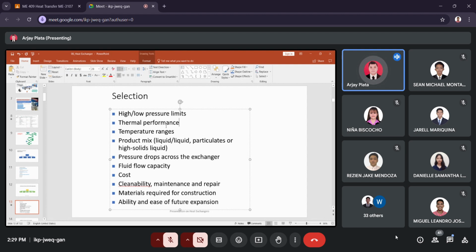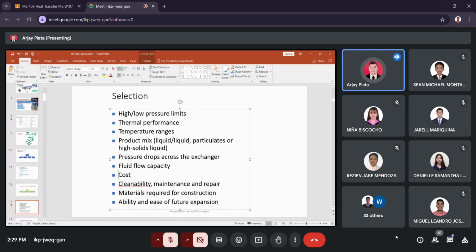Temperature ranges are also a good consideration. Then product mix, pressure, liquid or liquid particulates or high solid liquids, pressure drop across the heat exchanger, fluid flow capacity, and cost.